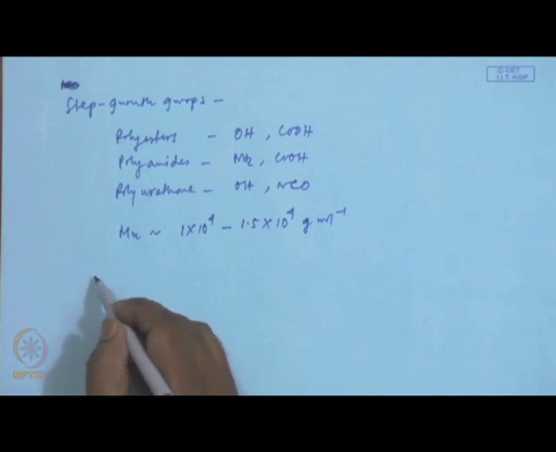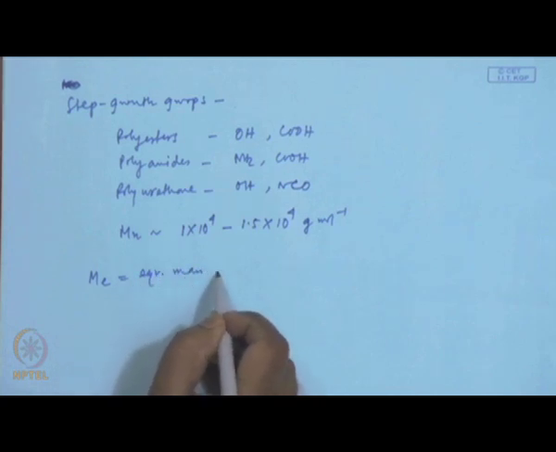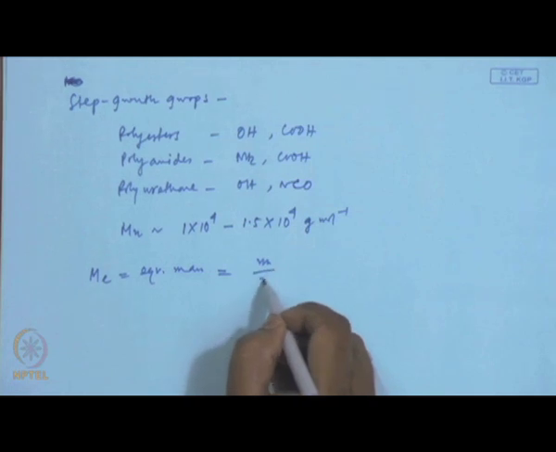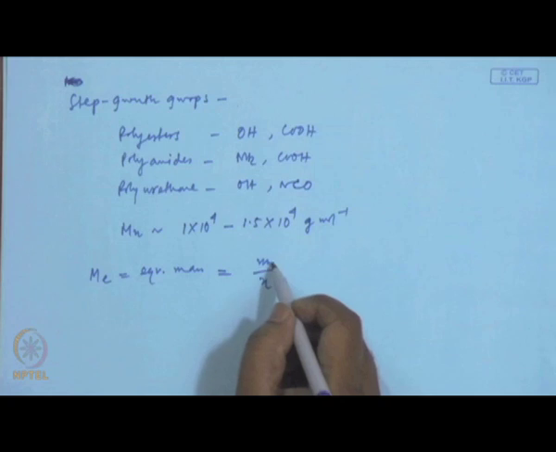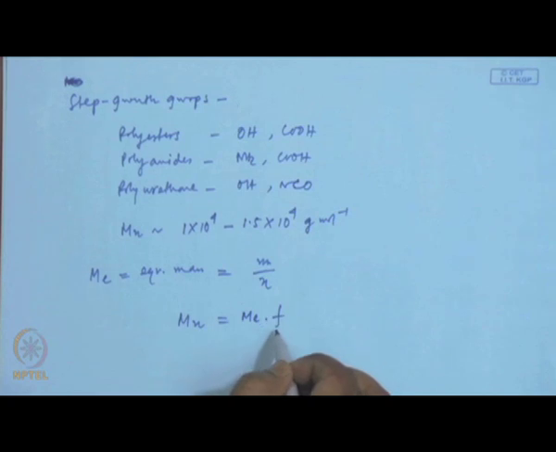What we measure is basically Me, the equivalent mass, which is defined as M by N. M is the mass or concentration of the polymer, and N is the concentration of the end groups. So, Mn would be given by Me multiplied by F, where F is the number of end groups per chain.